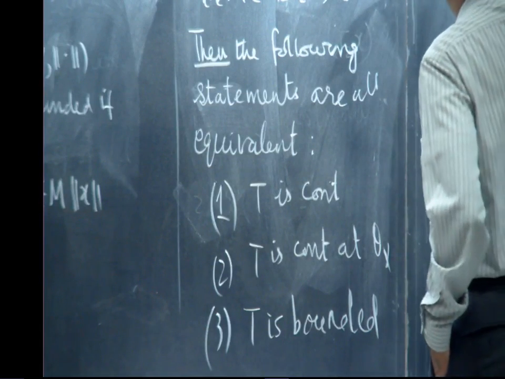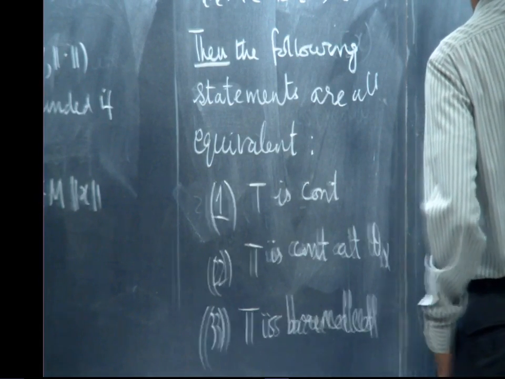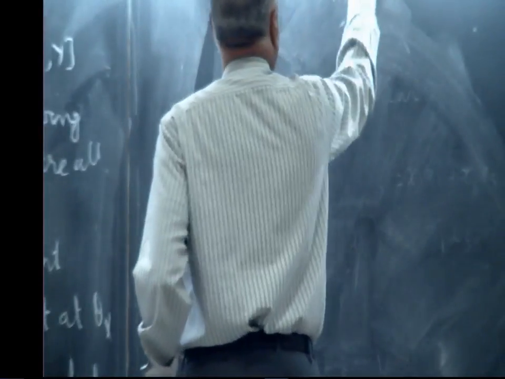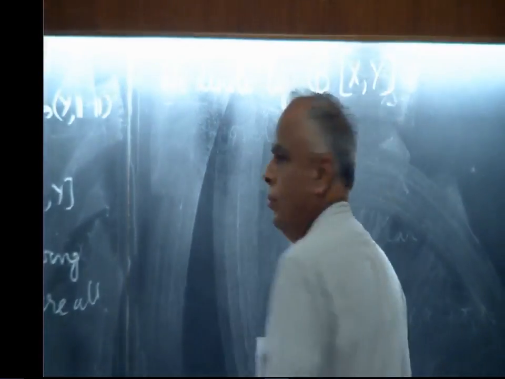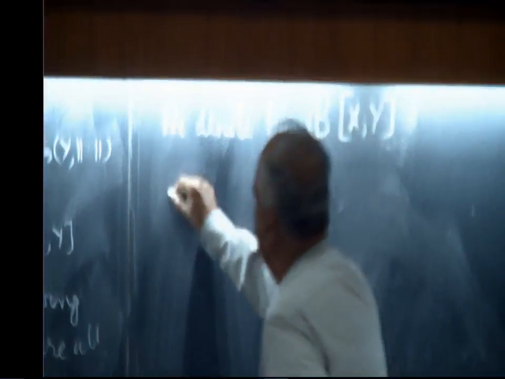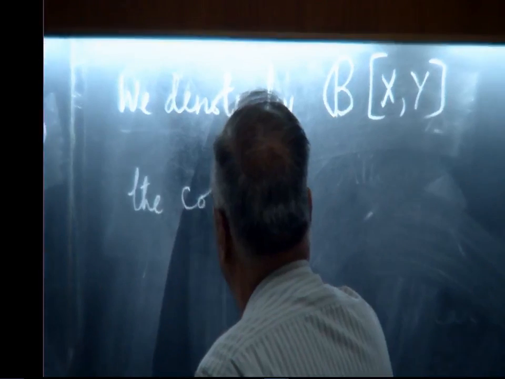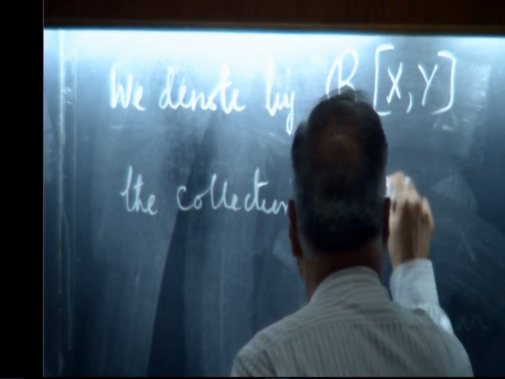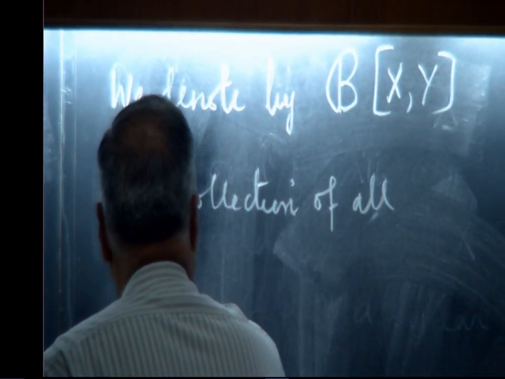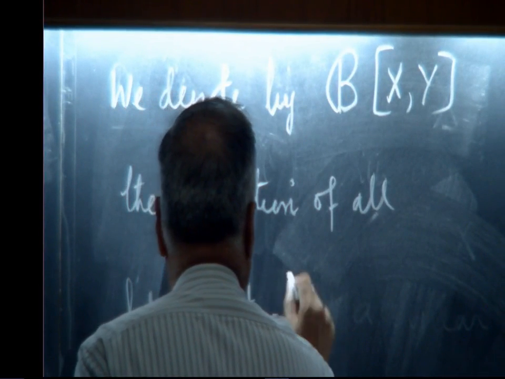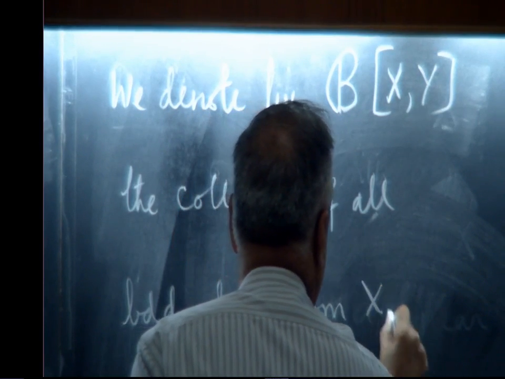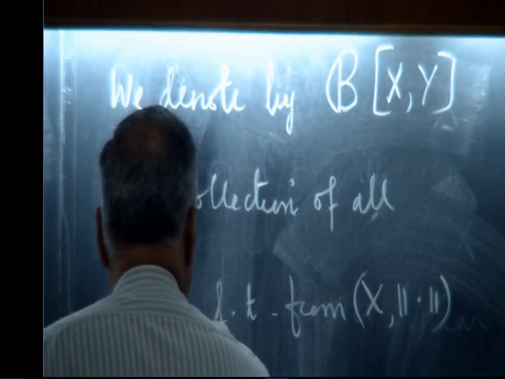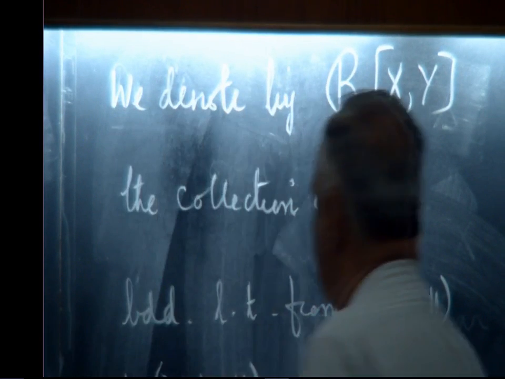So, we denote by B(X,Y) the collection of all bounded linear transformations from X to Y, from this normed linear space to this normed linear space.